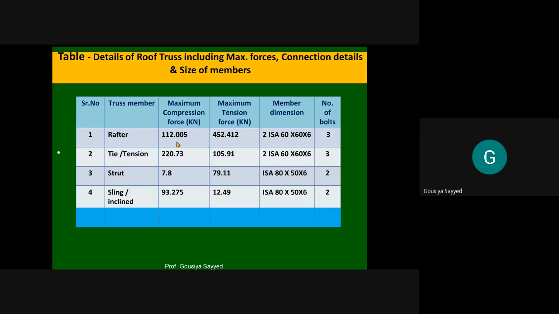These are the forces we have considered to design the rafter, and as per design we get the size as ISA 60 by 60 by 6. So you have to write the member dimension here and the number of bolts required to connect this rafter to the gusseted base. So in this manner you have to draw the table which shows the details of connections and dimension of member.